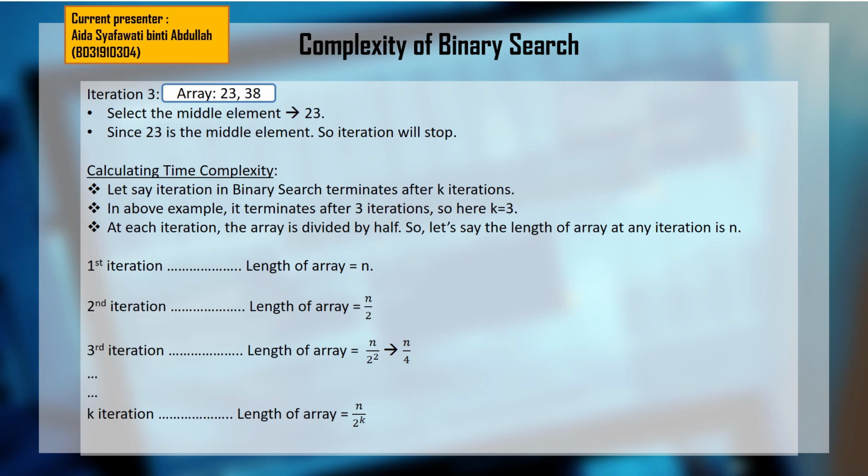First iteration, the length of the array is n. Second iteration, the length of the array equals n divided by 2. Third iteration, the length of the array is n divided by 2 squared, which can be n divided by 4. K iteration, the length of the array equals n divided by 2 to the power of k.